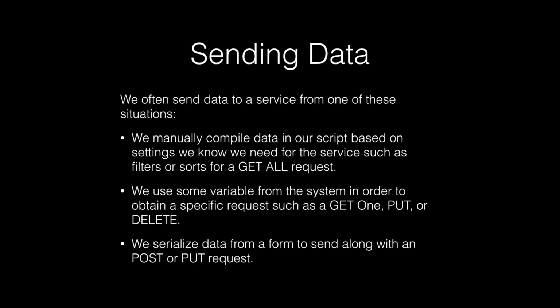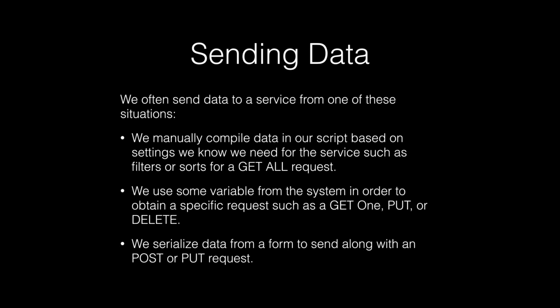So in this case, we want to move on and talk about how we actually package data to send with those requests, whether it's filtering or sorting that we send with our GET requests, or the actual data that we're updating in a put request, or new data we're adding with a post. So we often send data to a service from one of the following situations.